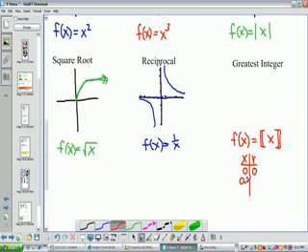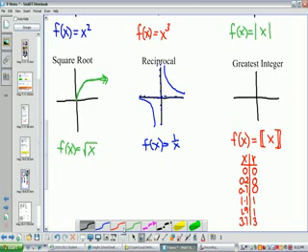If I do 0.2, the greatest integer is 0. If I do 0.7, the greatest integer is still 0. So what you're doing with these is truncating the number, so you're just cutting off the decimal. So like 1.1 is 1, 1.9 is 1, 3.7 is 3, get the idea.